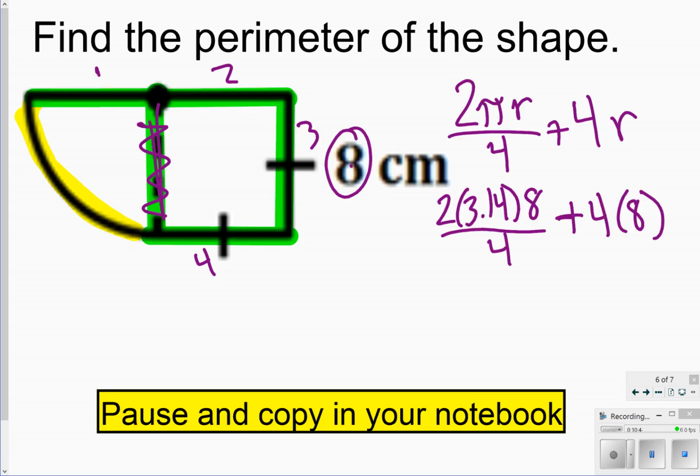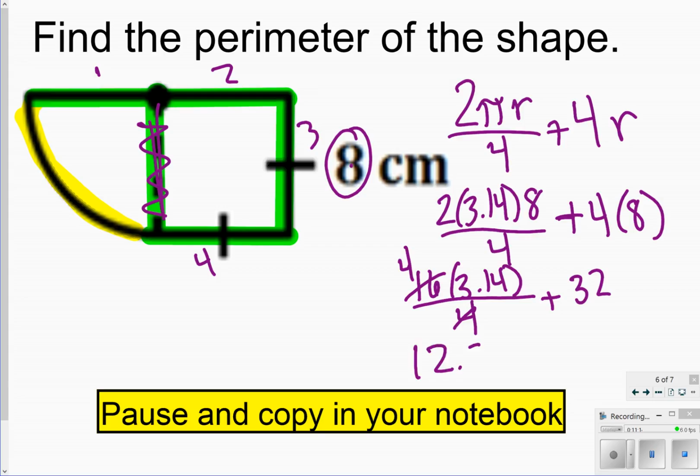That's not a very good plus sign. There we go. And so this is really 16 times 3.14 divided by 4 plus 32. And we can get rid of this 16 and this 4 by simplifying early and making this a 4. So if we do our calculation, 4 times 3.14 is 12.56.